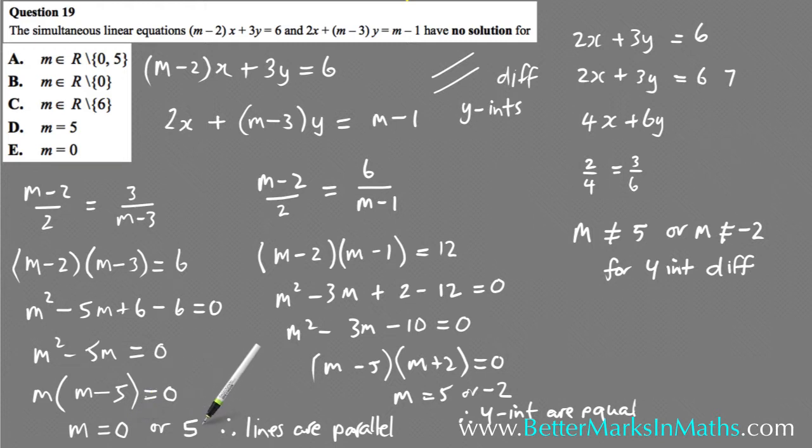But 5, although it makes those lines parallel, makes the y-intercepts the same, and we want different ones. So m equals 0 is the answer that makes them parallel and also have different y-intercepts. And that answer is answer E up here, which is the correct answer.